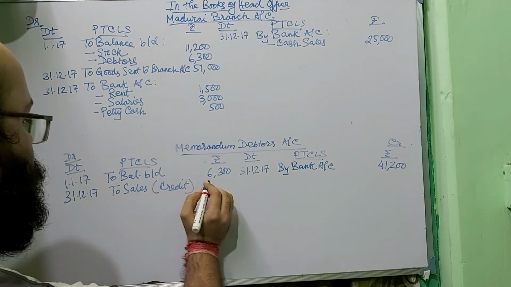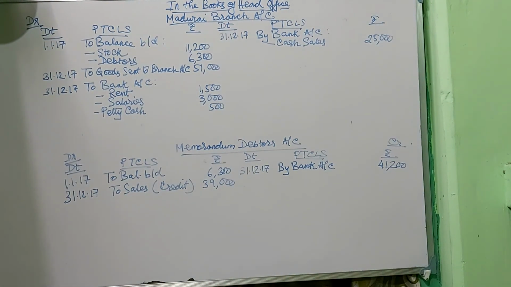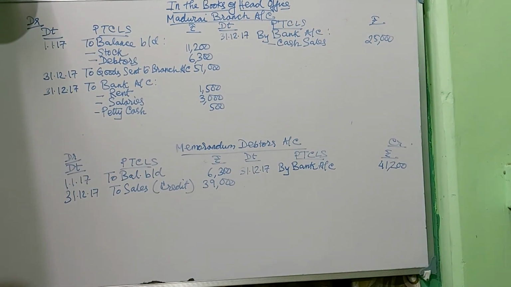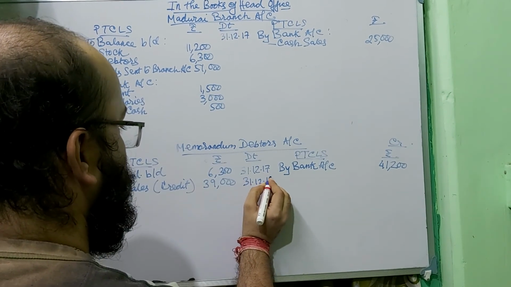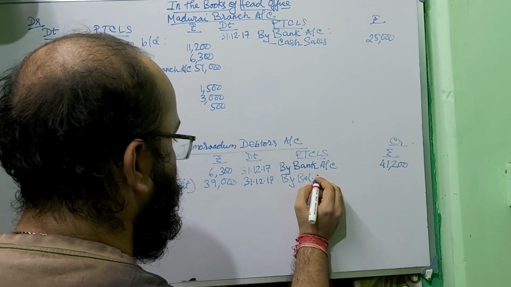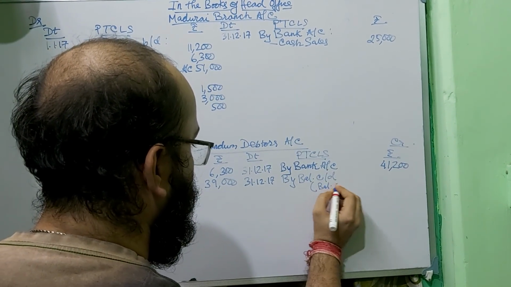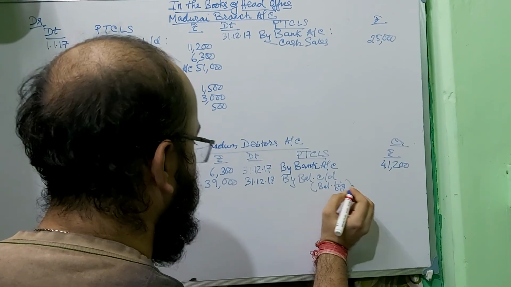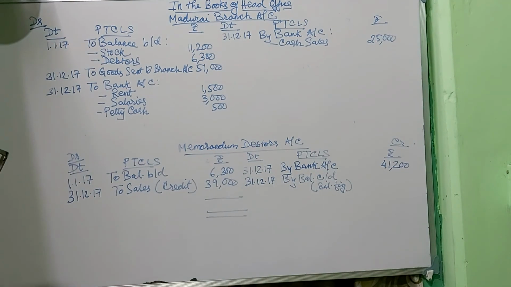How much are the credit sales? 39,000. Now you will get the closing balance of debtors, which is obviously on 31st December, by balance c/d, the balancing figure.